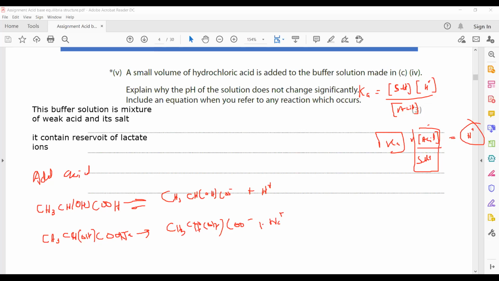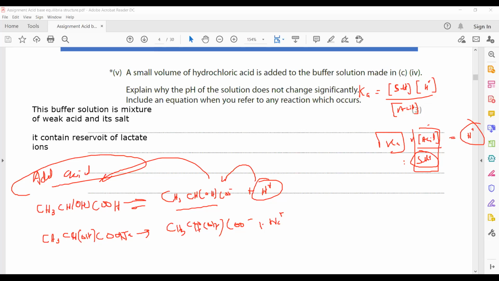So if we add an acid, adding hydrochloric acid increases the amount of hydrogen ion. When it increases the amount of hydrogen ion, the hydrogen ion reacts with the lactate ion and forms lactic acid. But because we already have a bulk of salt, a small change like one or two molecules being removed does not affect the balance or the ratio.